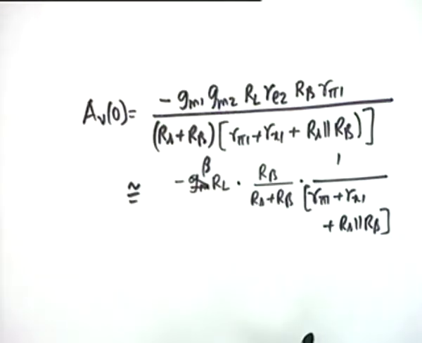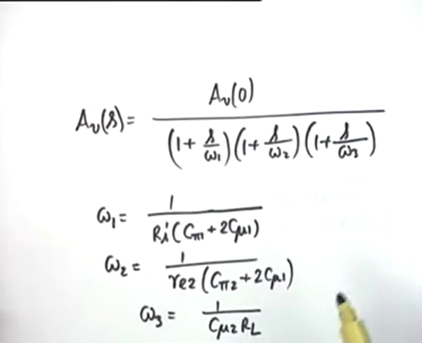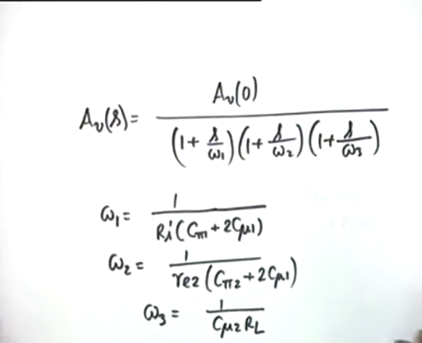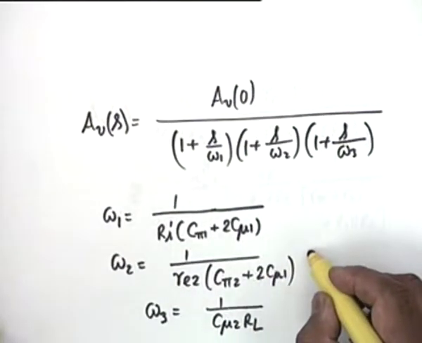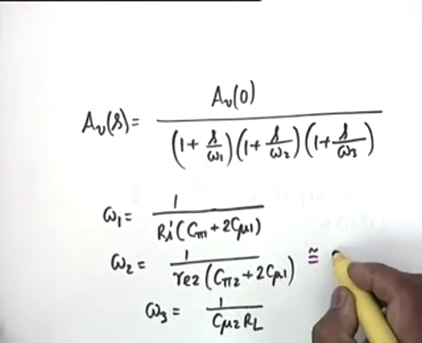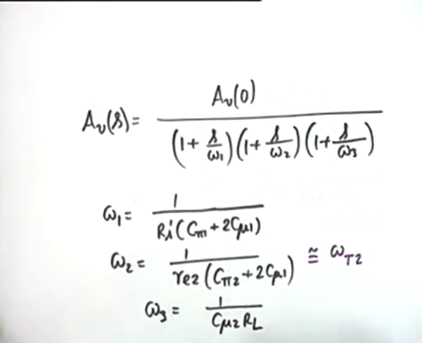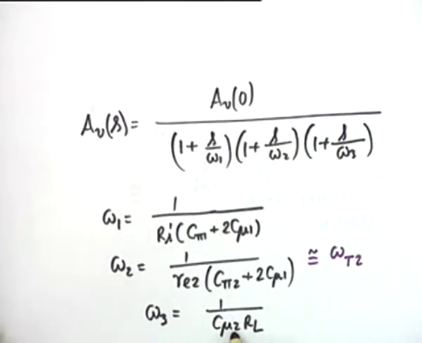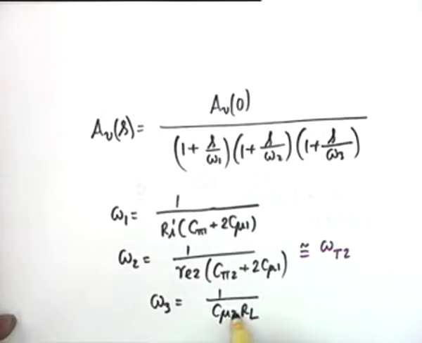Can I go back to the previous slide? Omega 1, omega 2 and omega 3. Now, a matter of practical sense. You see, omega 2, as I said, is approximately equal to omega T2. And omega 3, the time constant is controlled by RL and C mu 2.